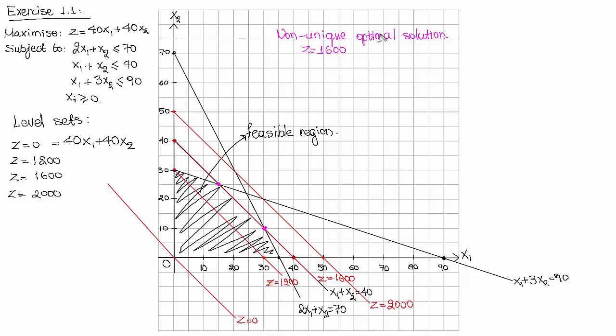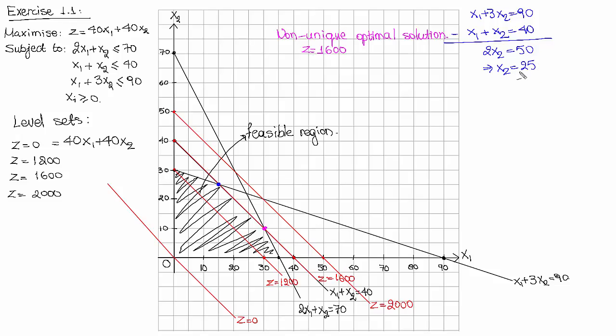Now we can also find the coordinates of the two points. So for this point, we can see that it is the intersection of the lines x1 plus 3x2 equals 90 and the line x1 plus x2 equals 40. So in this case, we have to solve this system in order to find the coordinates of the point. We are going to subtract the second equation from the first one, and we have 2x2 is equal to 50, which gives us that x2 is equal to 25.